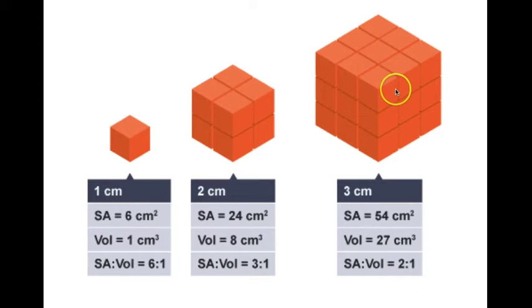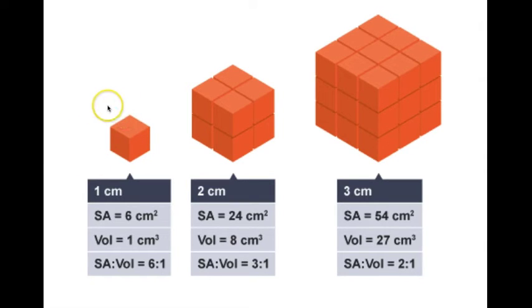This organism has a lower surface area in comparison to its volume. There's a lot of this organism which is inside, which doesn't get exposed to the outside. Whereas this organism, all of its surface is exposed to the outside, but there's not a lot inside.